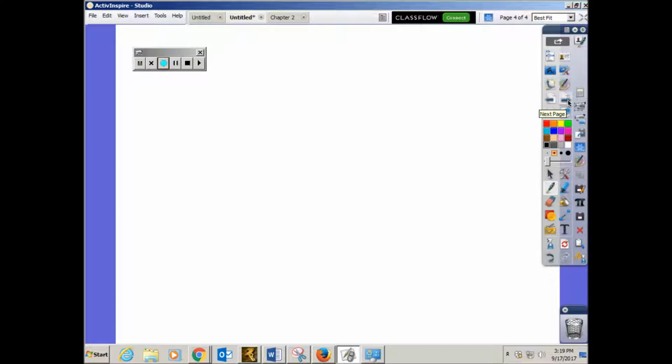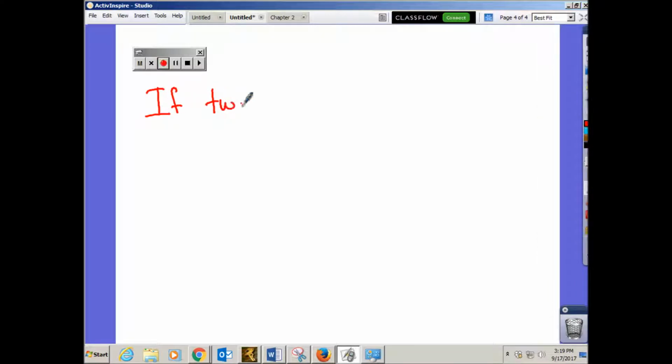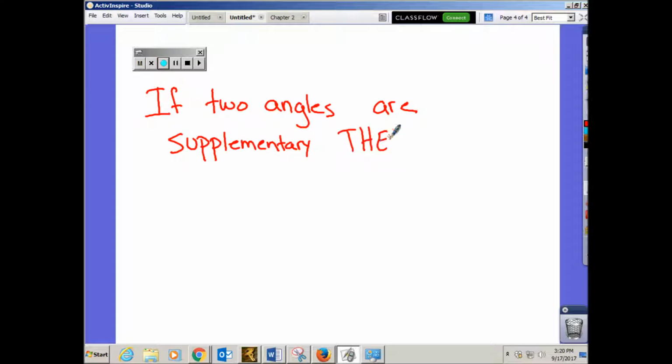So let's look at the next one. If two angles are supplementary, then they are a linear pair.